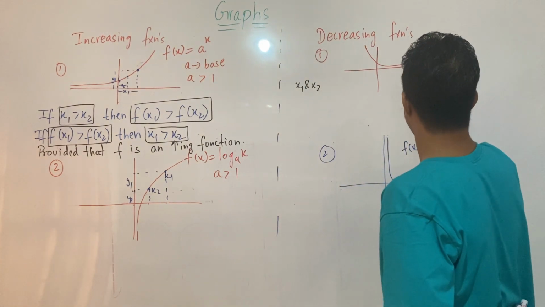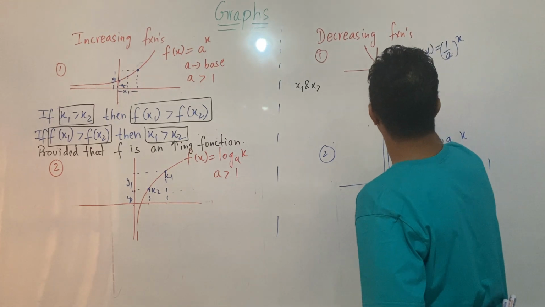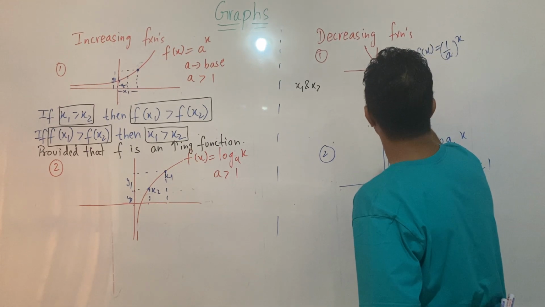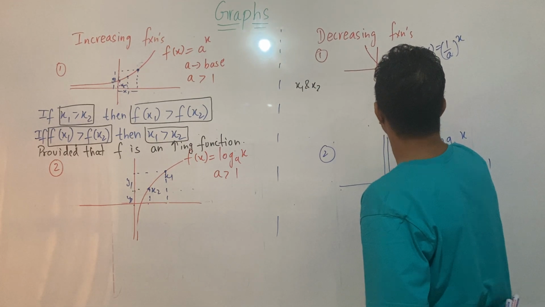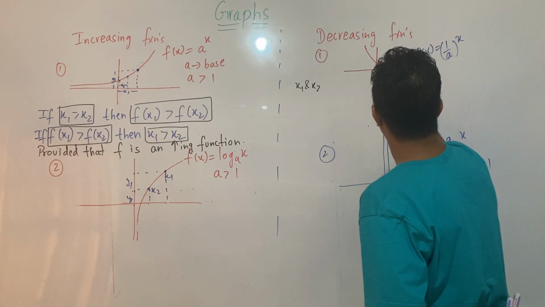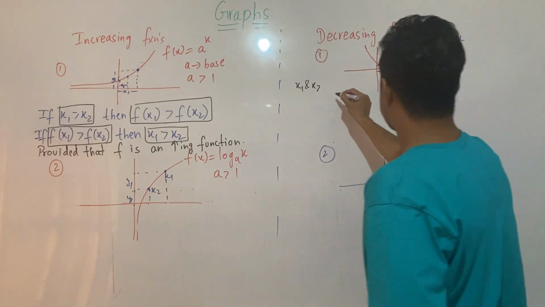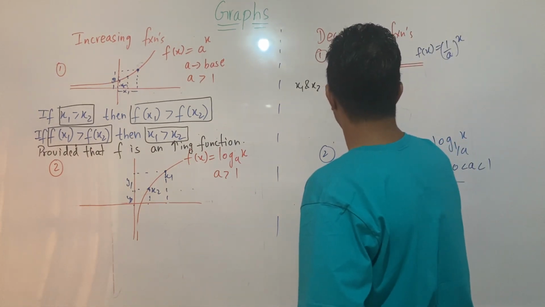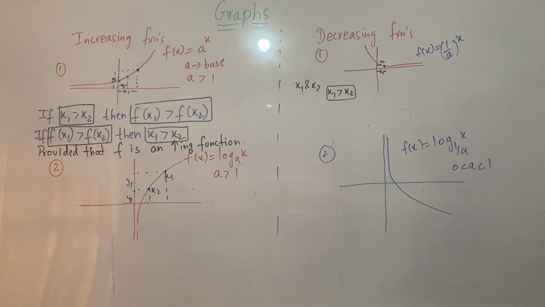So here, for example, I take one value, this is x1, and this is x2. Now you can see here x1 is greater than x2, right?